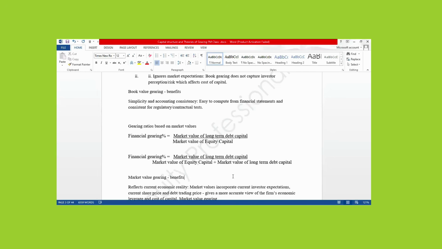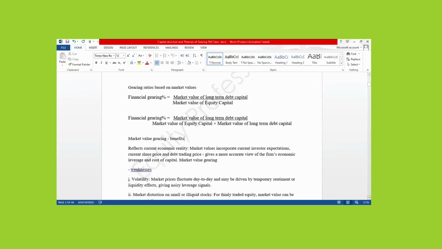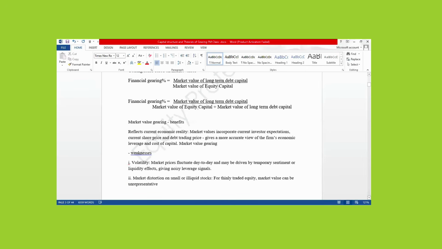What are the benefits of market value gearing? Market value gearing reflects economic reality. Market values incorporate current investors' expectations, current share price, and debt price.